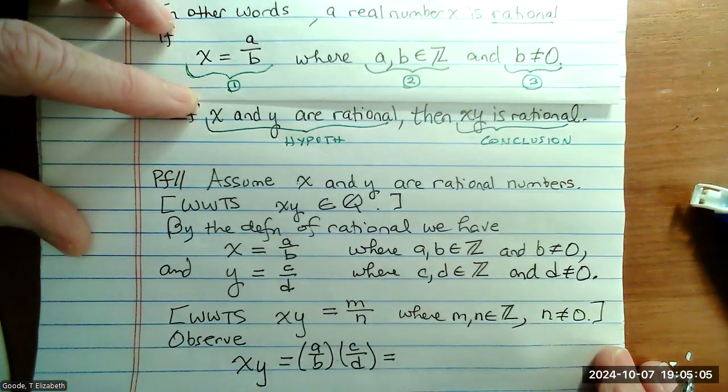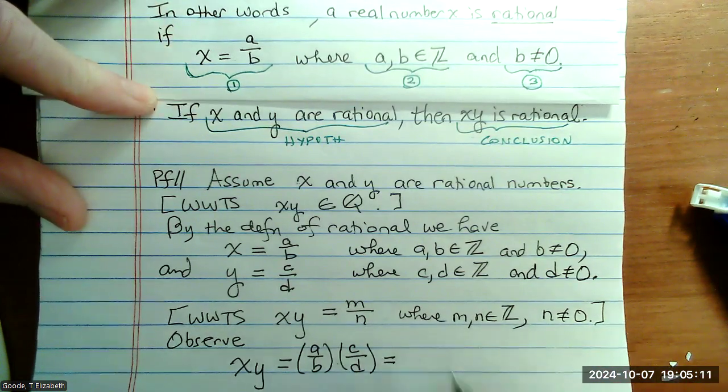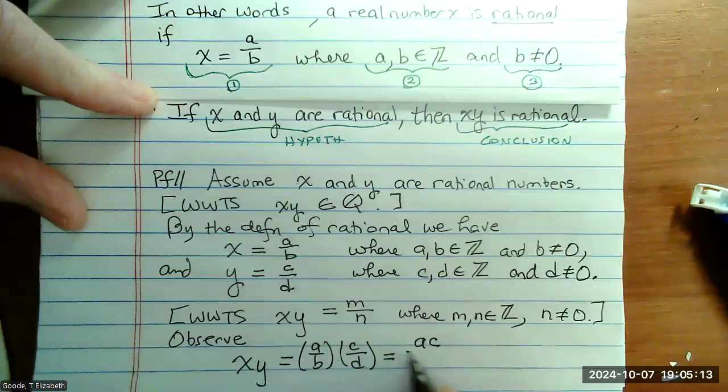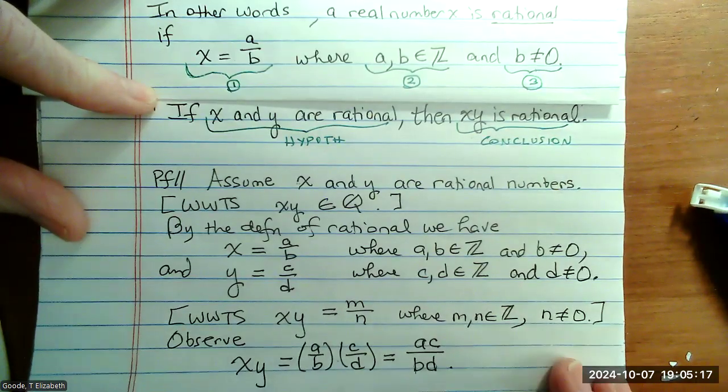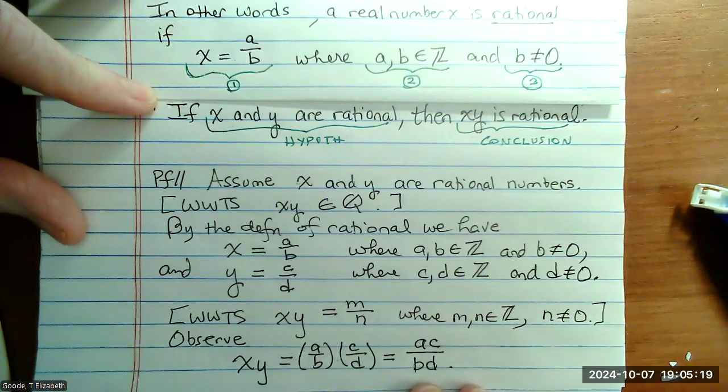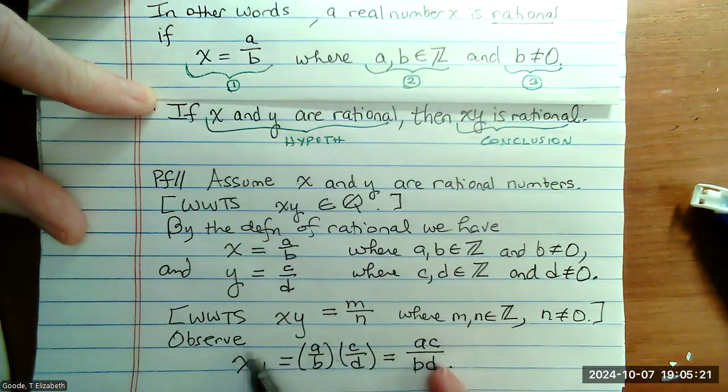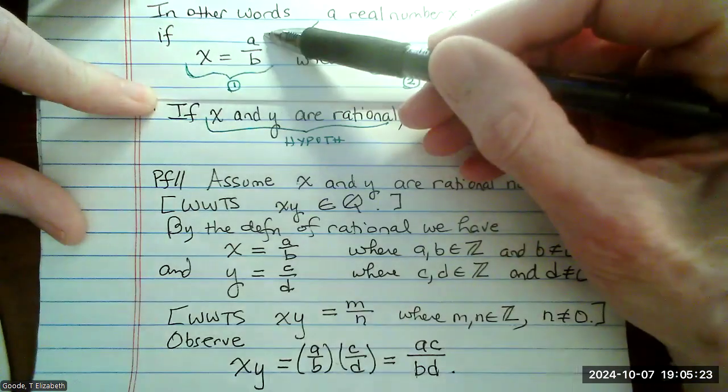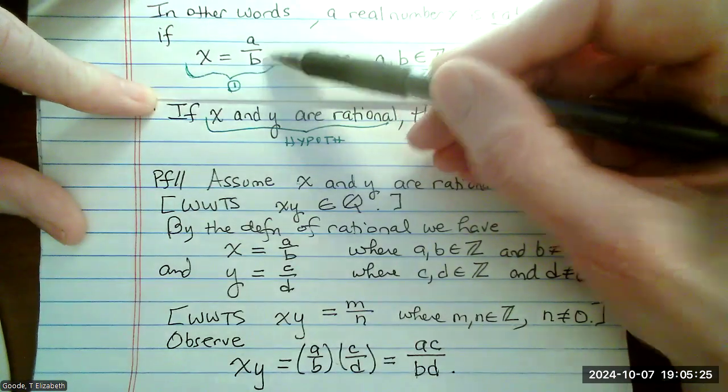You can remember it this way. You do it bikini style. You multiply the tops together and you multiply the bottoms together, right? So it's AC on top and BD on the bottom. This is part 1 of the definition of rational. We've got XY looking like something over something, right?